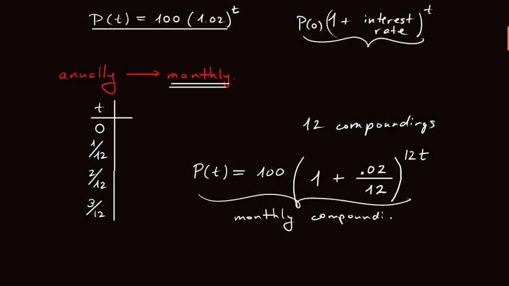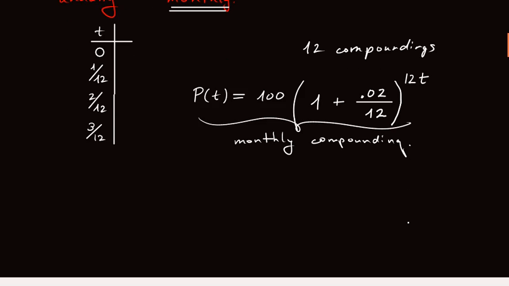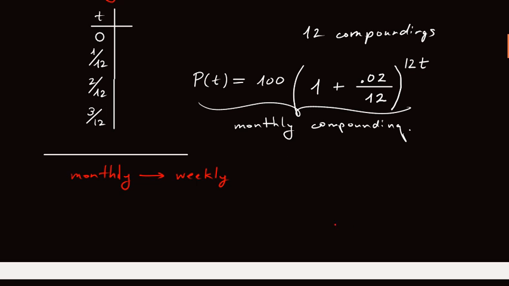Okay, so we can continue this to other examples. Instead of monthly compounding, we could change that to weekly compounding. What changes there?